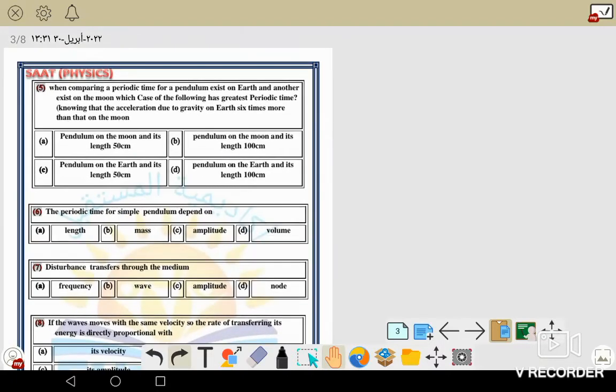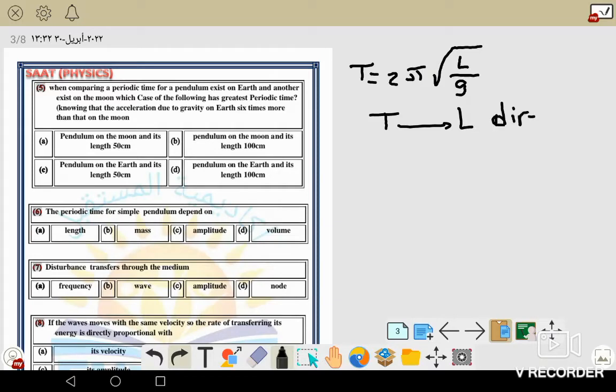For a pendulum, T equals 2 pi square root of L over g. The relation between time and length is direct. The relation between time and g is inverse.